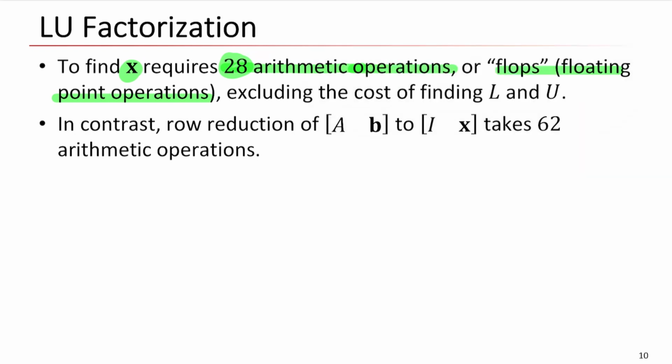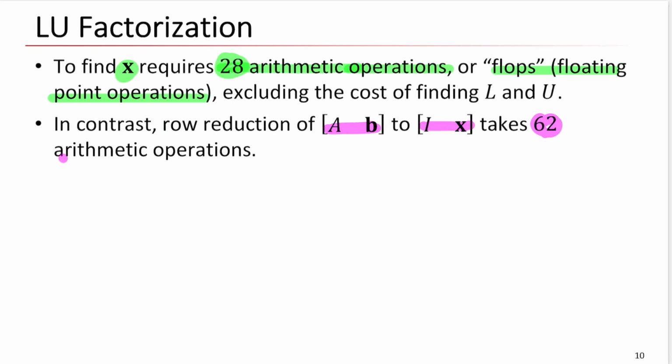In contrast, if you just try to solve Ax equals b directly by row reducing [A b] to [I x], it takes about 62 arithmetic operations.